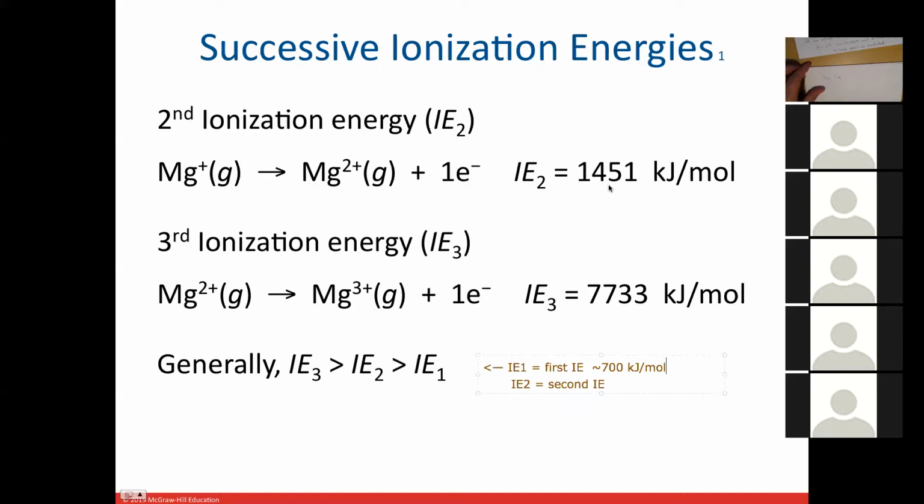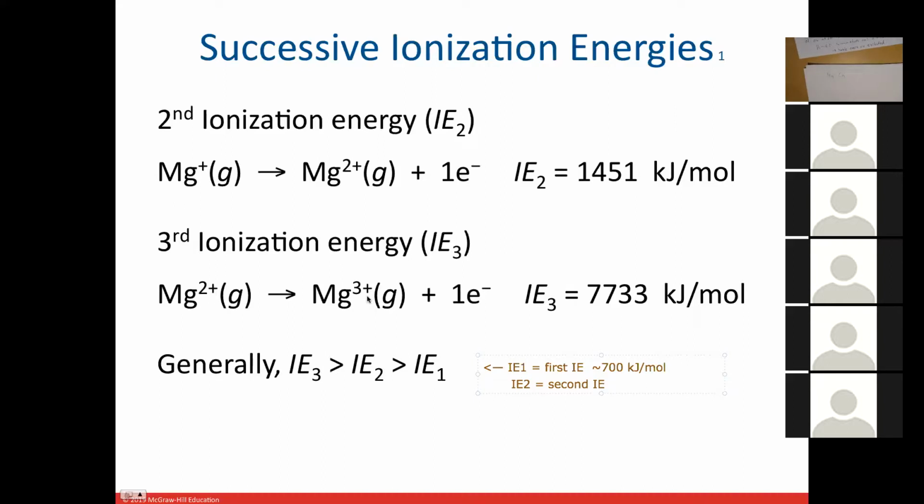Why would it take more energy to remove the second electron? Well, magnesium has 12 protons. As I lose electrons, the electrons I have left are held more tightly, so it doubles. But now let's look at the third ionization energy. Now I have magnesium 2+, and I'm going to remove a third electron and go to magnesium 3+.